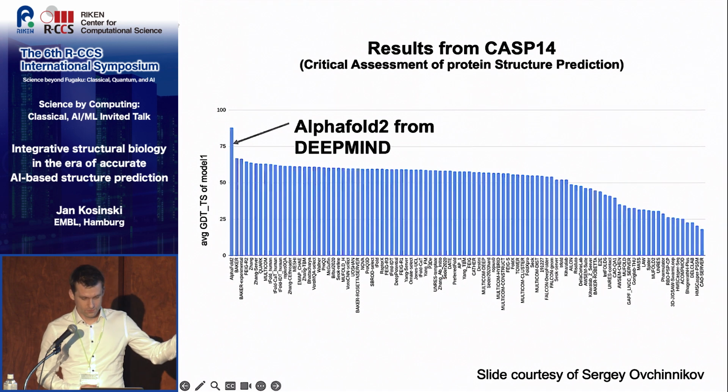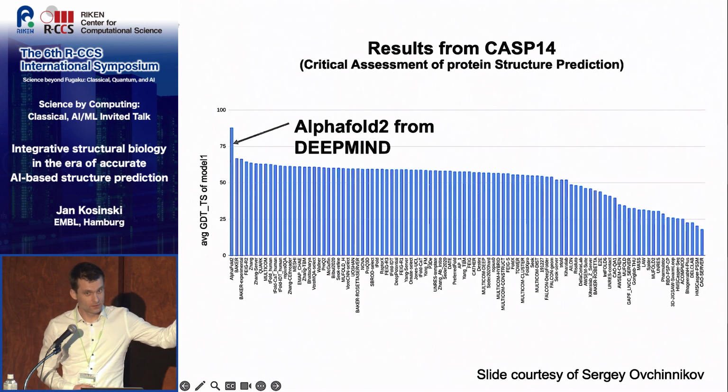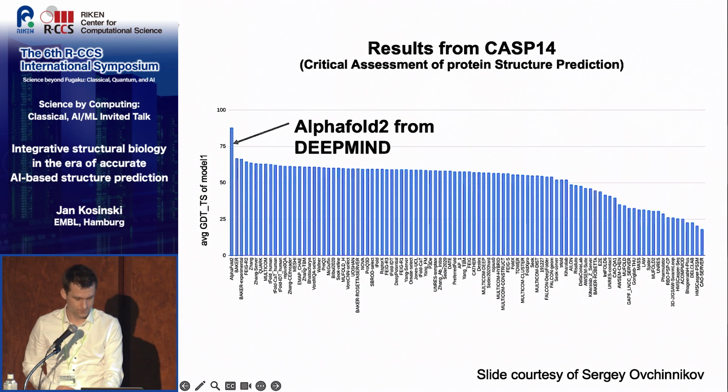On this graph, you see the teams that participated in the competition. The higher the bar is, the better the performance of the team or the program that the team brought. And you can see that AlphaFold from DeepMind outperforms everyone by a huge margin.